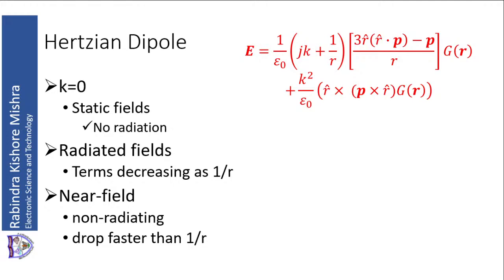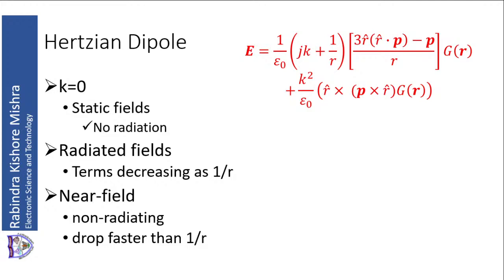Now, wait. So what do you mean by this? Look at the electric field expression, which is written in red letters at the top right hand side. There are a few terms.